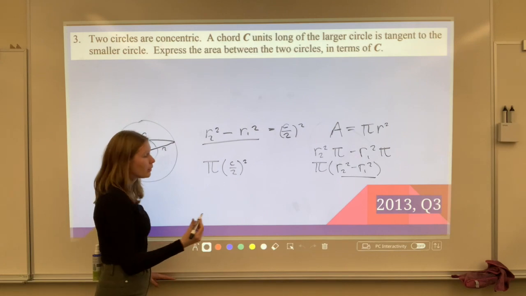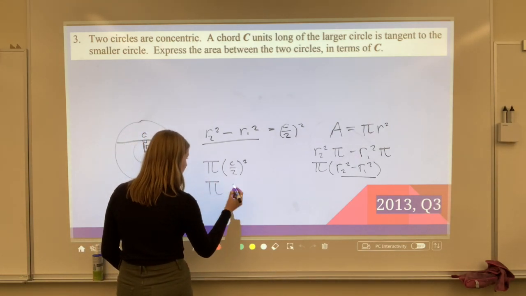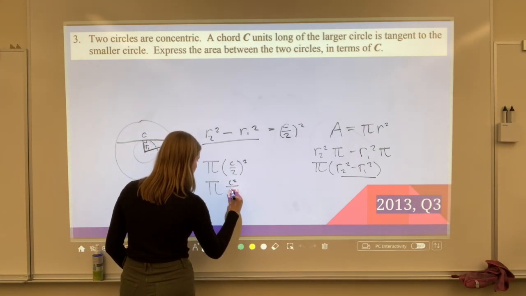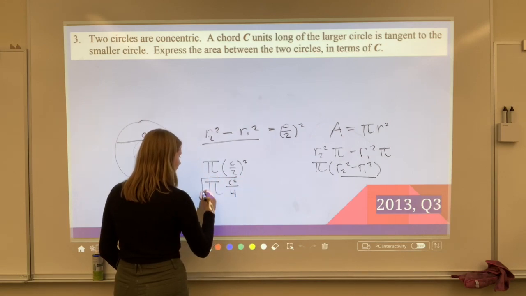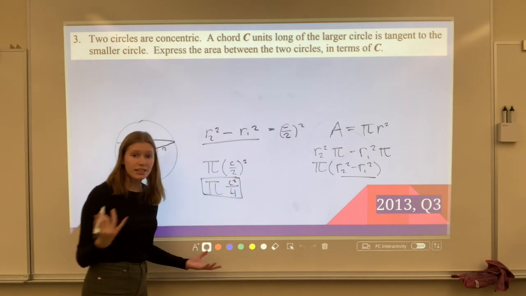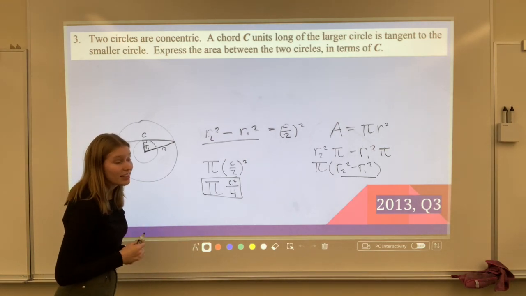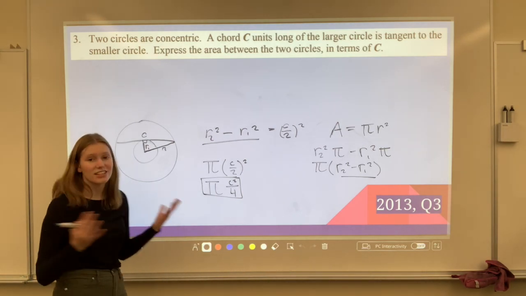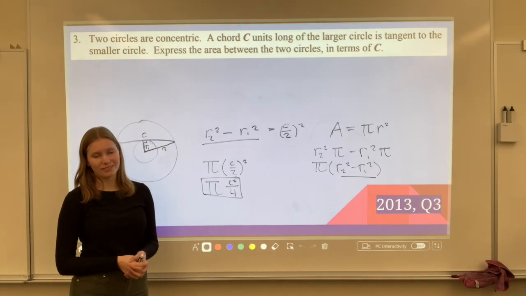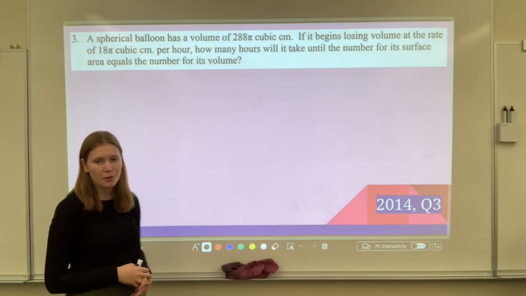We can distribute the square and say pi times C squared over 4, and that is your final answer. Now, I know it's a little bit of a strange one. Conceptually, it's kind of weird, but I think it's a very fun problem. So let's move on.